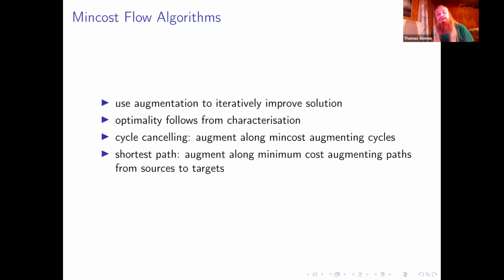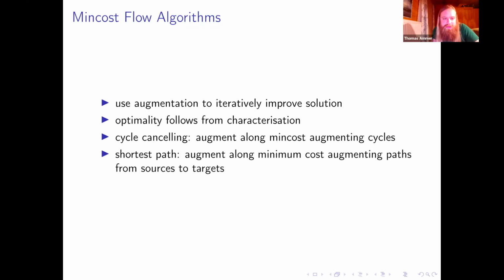And then this will also lead to an optimum solution. Although it's not immediately obvious, the optimality criterion is again involved in this kind of algorithm. Today I will present three algorithms, and all of them belong to the second class. So all of them are shortest path algorithms.